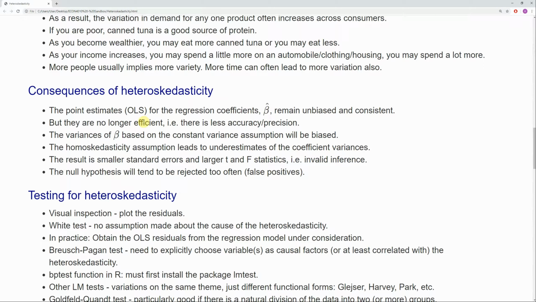When you have a case of heteroskedasticity, you have a non-constant variance, then you cannot really trust the results of any test that is dependent on your estimation of a standard error. So you cannot really trust the accuracy of your estimates because standard error is a measure of accuracy or precision.